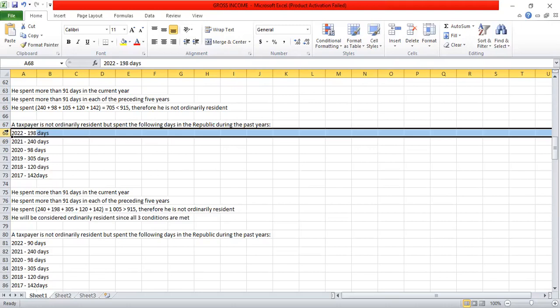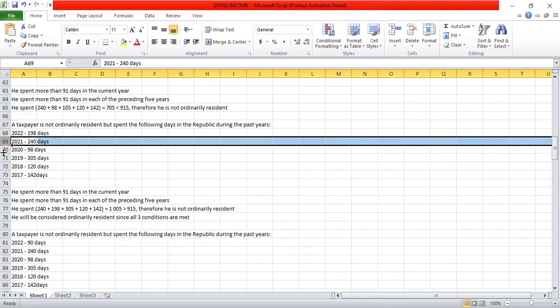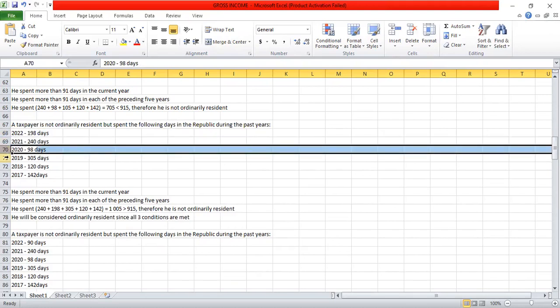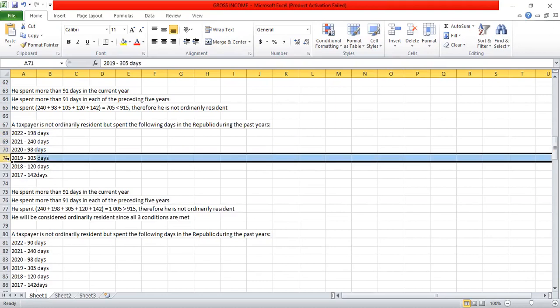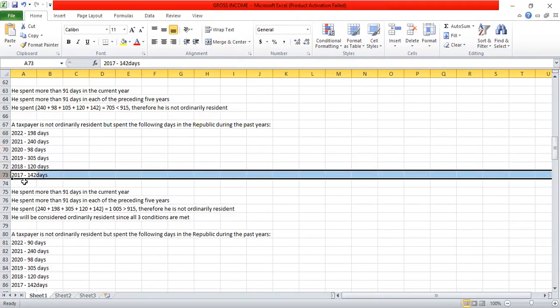We should check if in each of the previous 5 years he had more than 91 days. So if we check 2021, he had 240. 2020 he had 98. 2019 he had 305. 2018 at 120, 2017 at 142. So all the previous years had more than 91 days. So you fulfill the second test, the objective test, the physical presence test.